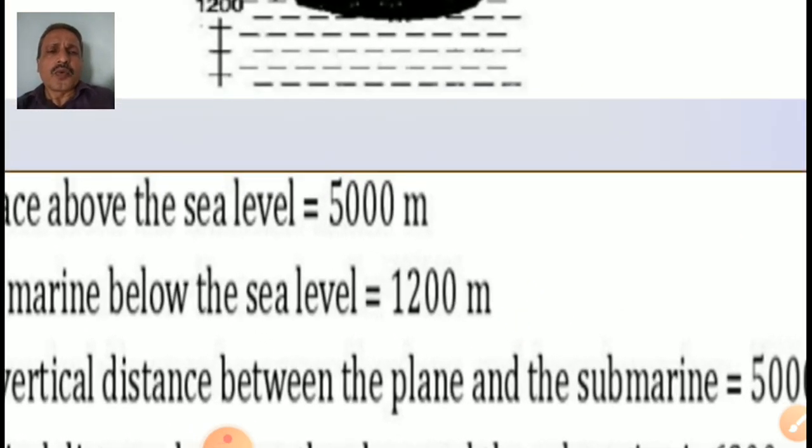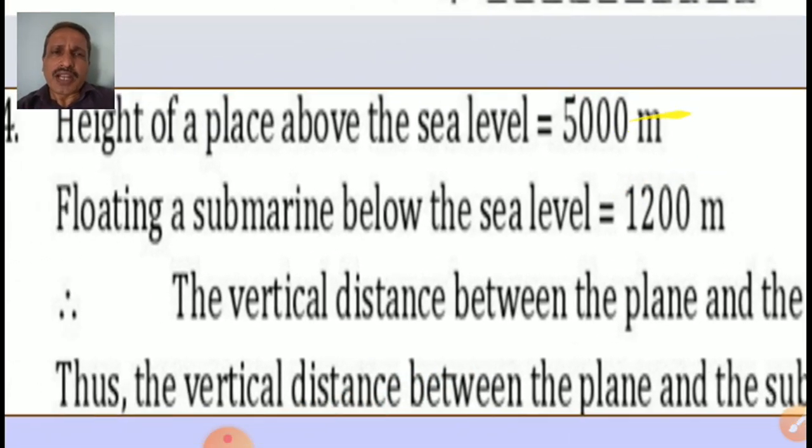Very clearly written. Whatever things are given, you should write in a statement; it will give a better impression. The height of a plane above the sea level is 5000 meters, and the submarine floating below the sea level is 1200 meters.